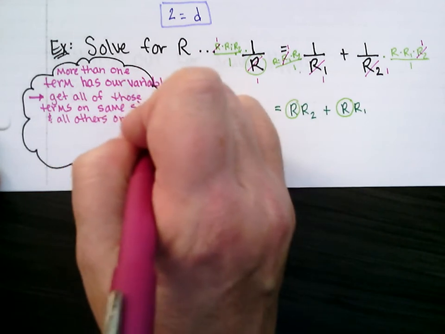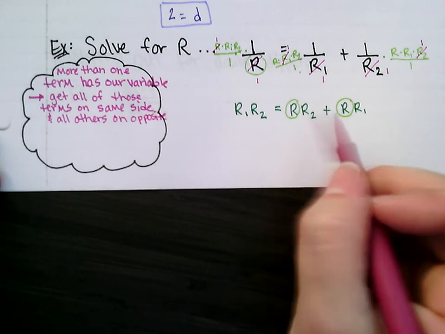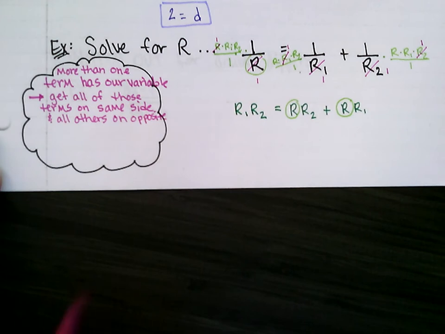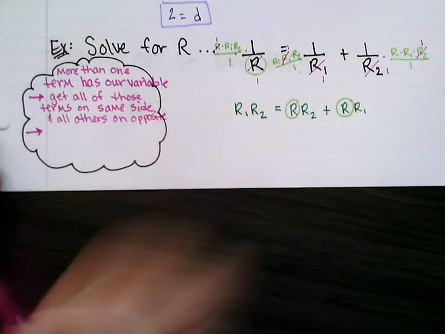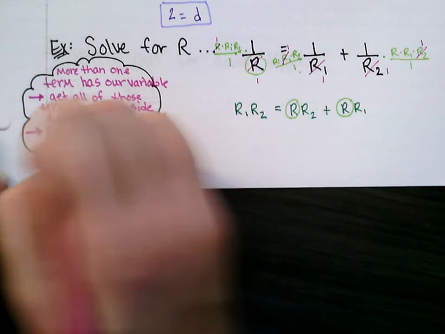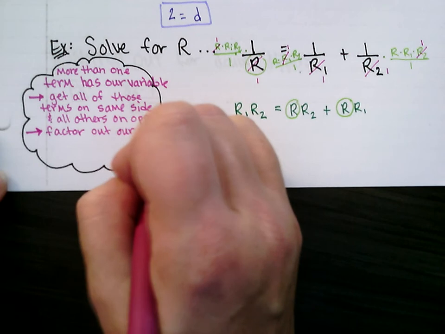Okay. So we already have that going for us. All of the terms that have the regular R are together on one side. The term that doesn't have the regular R is by itself. So the next thing we're going to do is factor out our variable, because it's like a GCF.